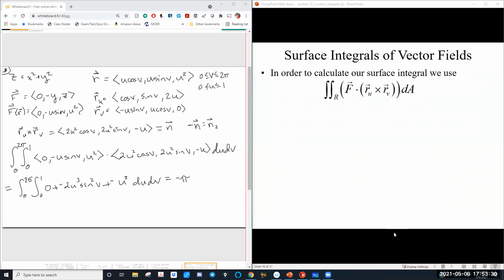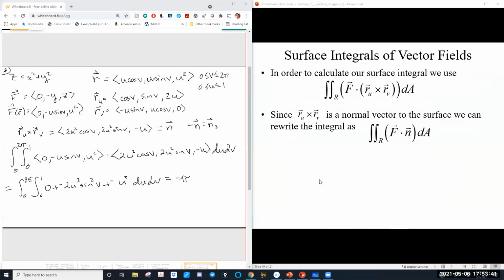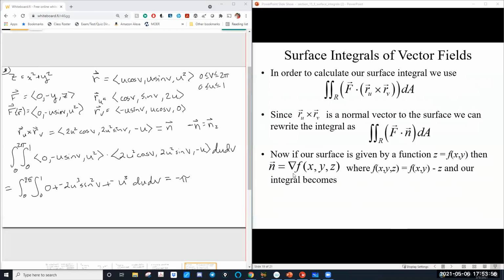Now on our previous example, we were given our vector field and our function in terms of x and y, and we were given our surface in terms of a function. So let's talk about doing a surface integral, a flux integral, in that form. So if our surface is given by f of xy, then the normal vector is just going to come from the gradient.